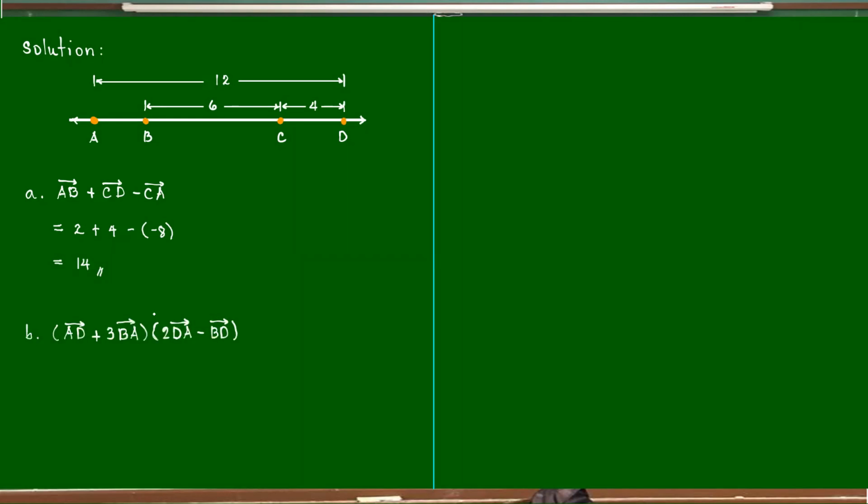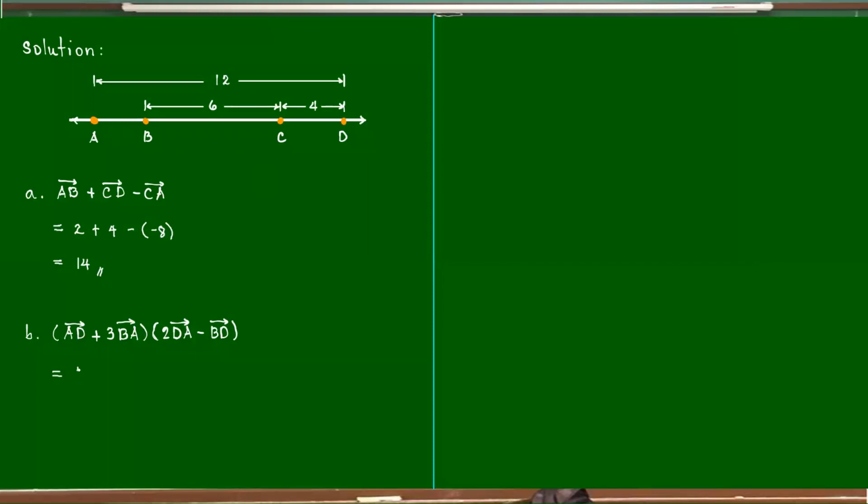So let us have the second one. The product of directed segment AB, AD plus 3 times directed segment BA, and 2 times directed segment DA minus directed segment BD. So looking at the figure, AD is positive, no?